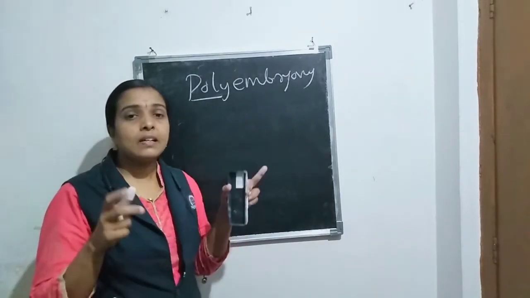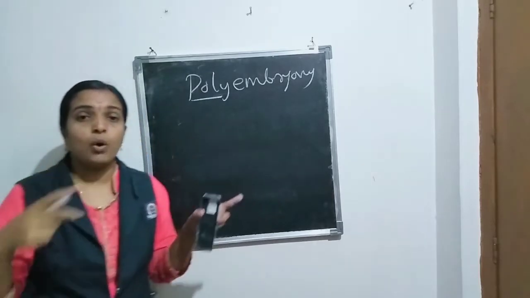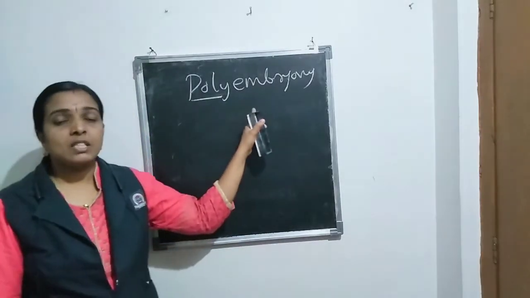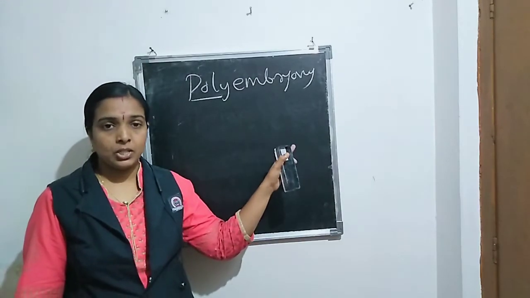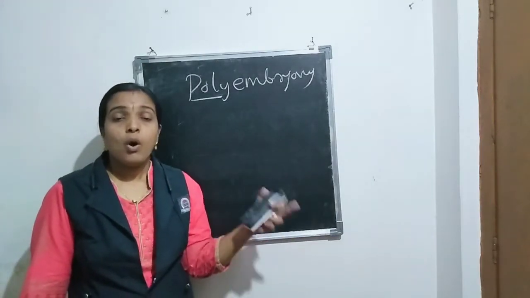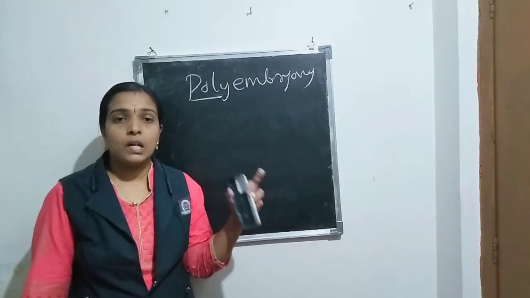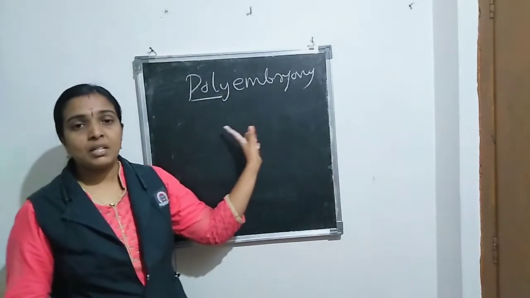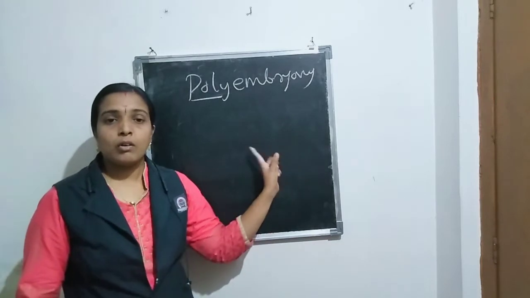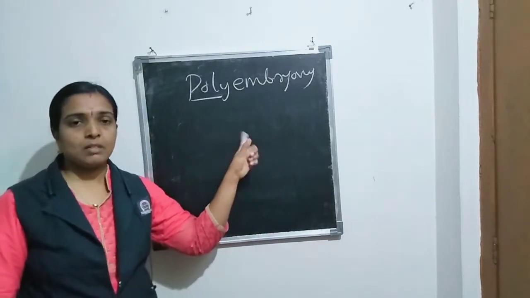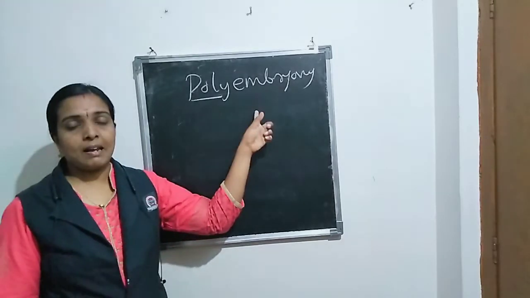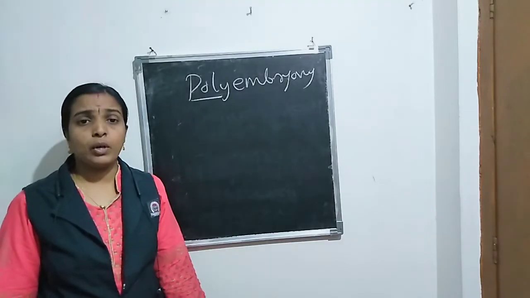It is very clear in the seeds of orange, lemon and the citrus family. Example: citrus, lemon, orange. All these plant species have a polyembryonic condition.